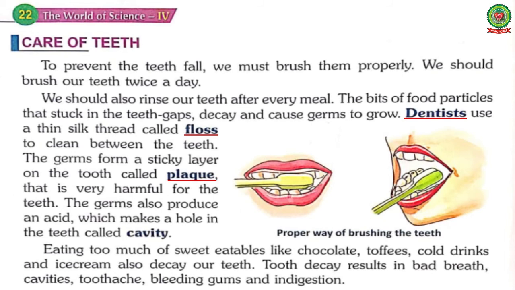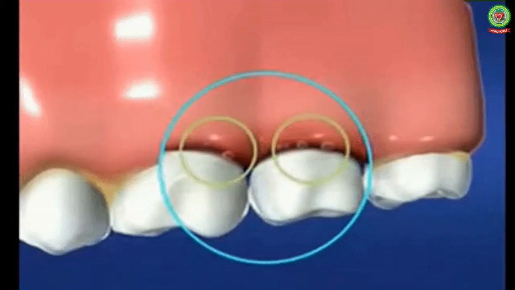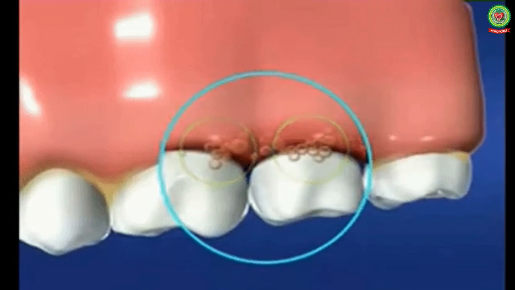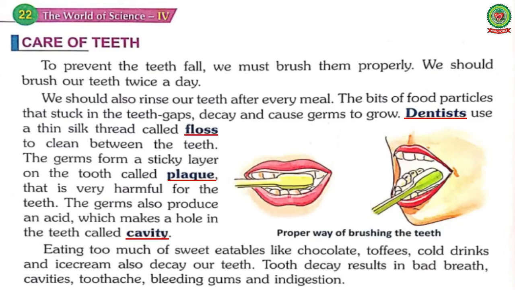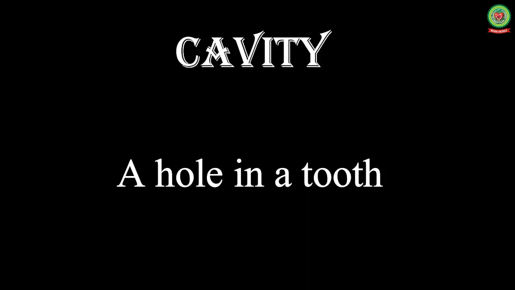The germs also produce an acid which makes a hole in the teeth called cavity. The germs also release some chemical substances which is an acid, and this acid causes a hole in a tooth which is called cavity. Now underline the word cavity and write down its definition, a hole in a tooth.